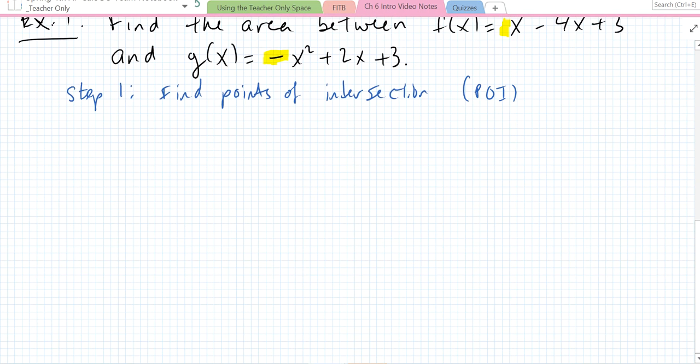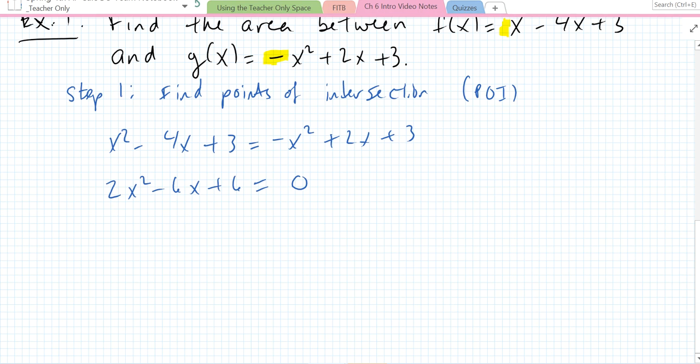But anyway, first I'm going to set those two equal to each other. So I'm going to say x squared minus 4x plus 3 is equal to negative x squared plus 2x plus 3. I'm going to move everything over to the right-hand side. So I end up with 2x squared, and then minus 6x, and then plus 3 minus 3, which is 0, so it's just equal to 0.